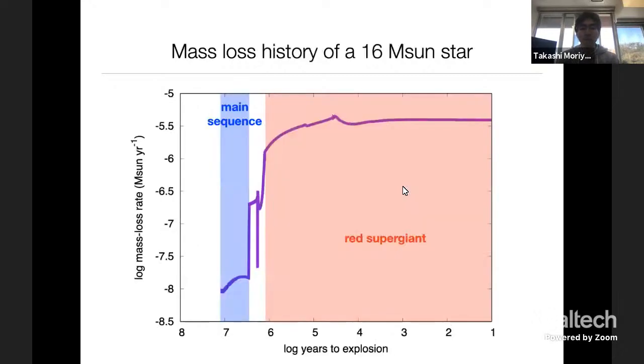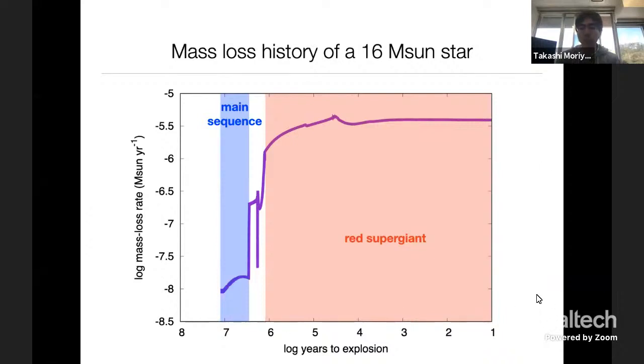But the red supergiant phase is just located in the final million years of the stellar evolution before the explosion. So it's quite a short time compared to the entire life of a massive star, which lasts tens of millions of years. But actually, this mass loss during the red supergiant phase is quite important, as you see in this figure. So this is years to the explosion.